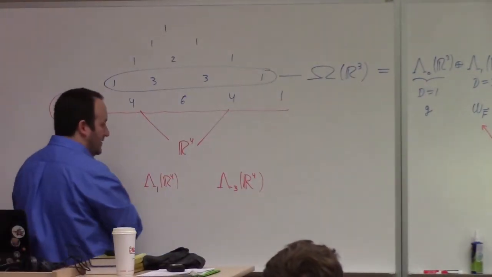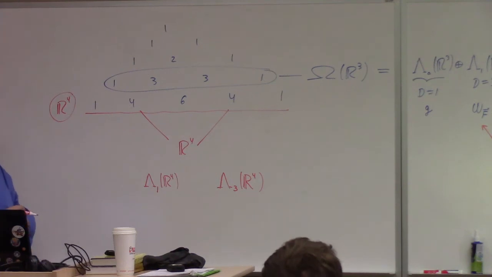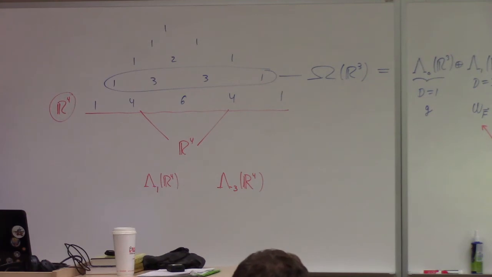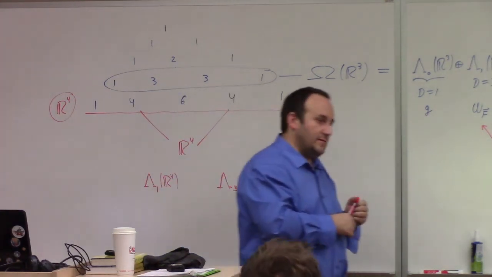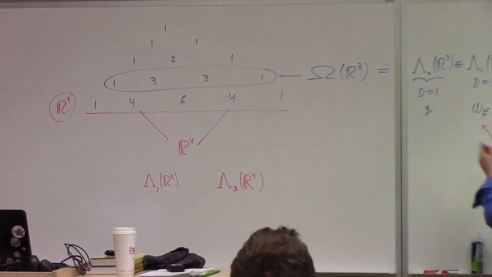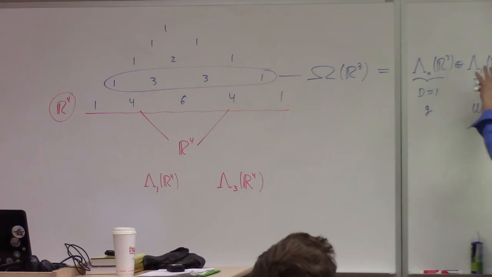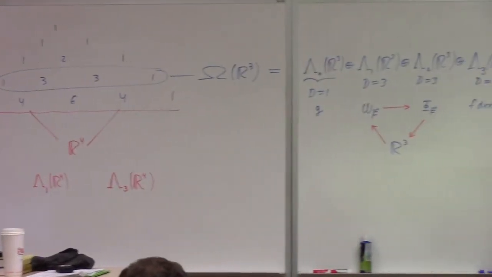So 1 forms and 3 forms could naturally be identified with vector fields in some sense on R4. That's not entirely honest because vector fields and forms have different coordinate change properties. But this duality between forms of different degree that have the same dimension is called Hodge duality.